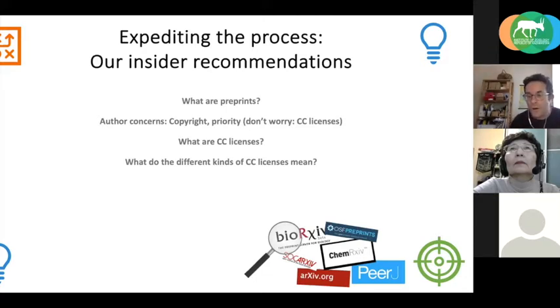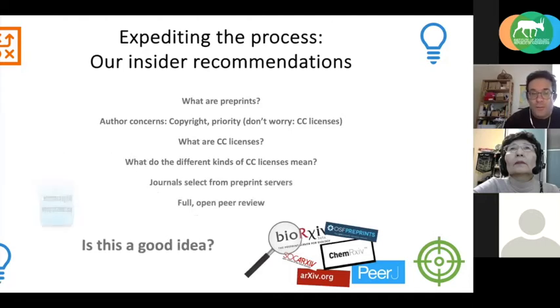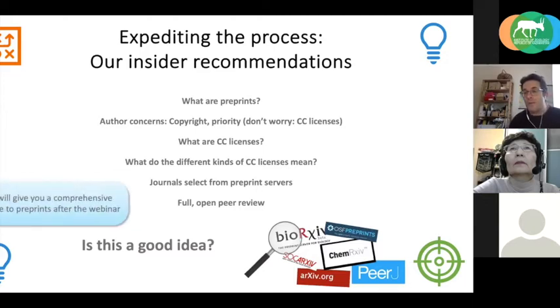Your work also gets a document object identifier number, and people have to cite your preprint in their own work. I'm sure we'll talk about that in our question session at the end, but this enables you to gain full and open peer review of your work much more rapidly than you might otherwise.